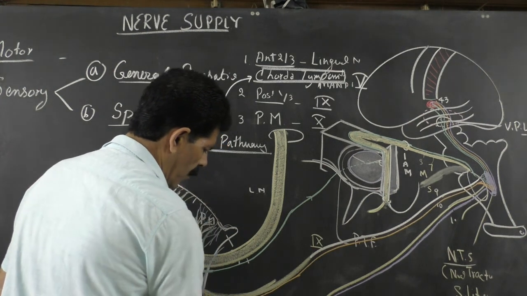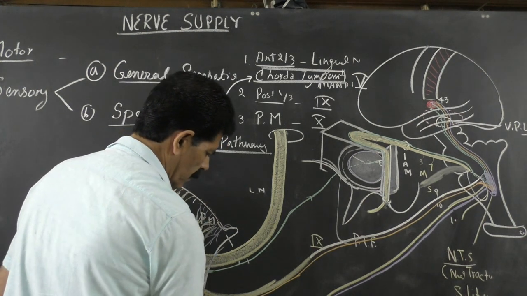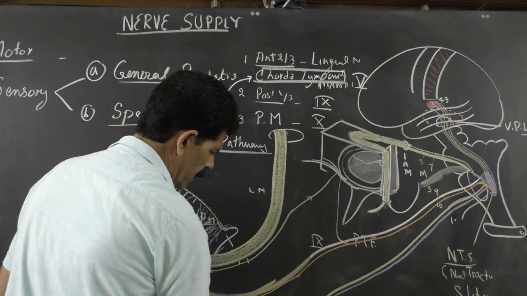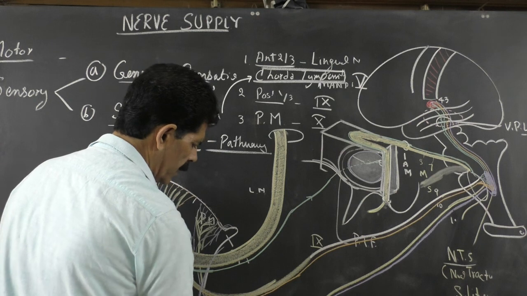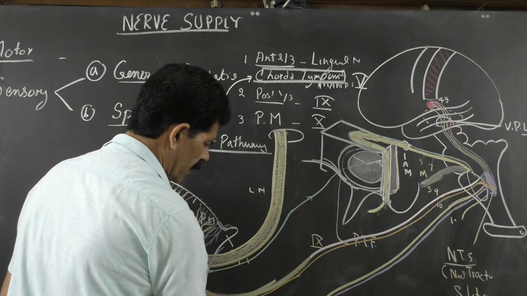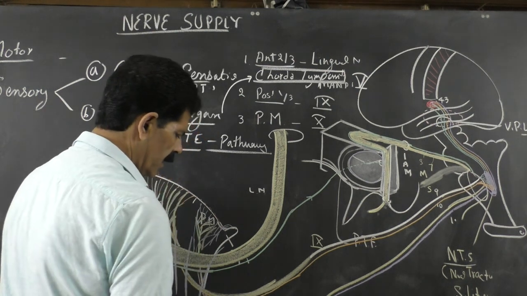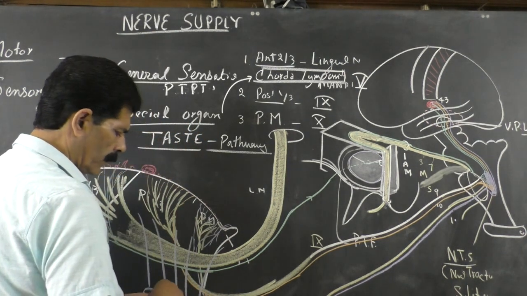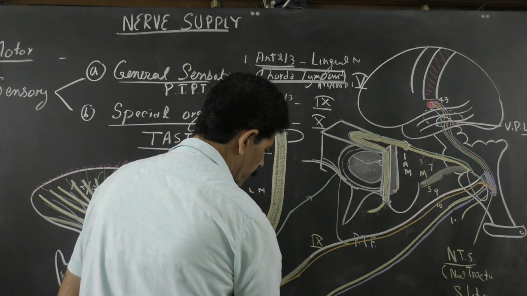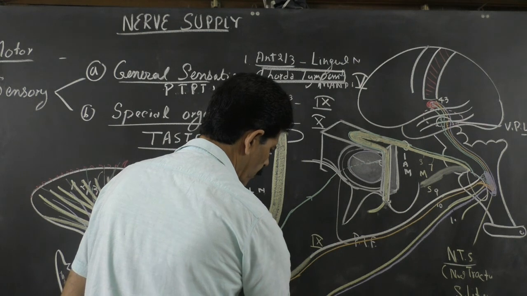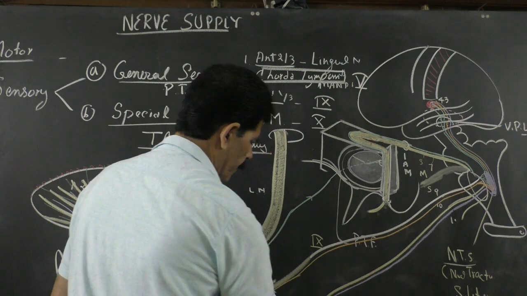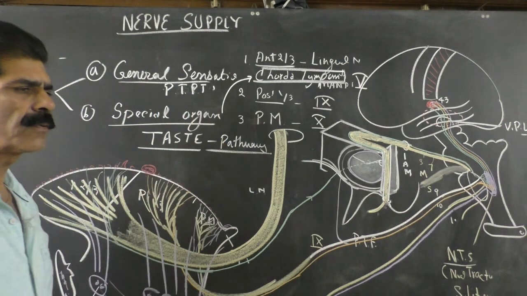anterior belly of the omohyoid muscle. So the angle between the internal jugular vein and the superior belly of the omohyoid, there is present the group of lymph nodes, the deep cervical group of lymph nodes. They are called the jugulo-omohyoid group. So this is how the deep lymph nodes they reach.